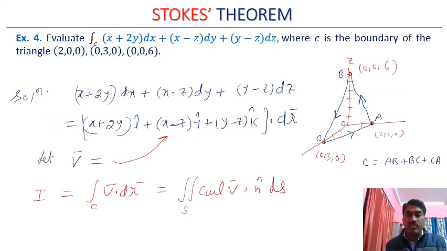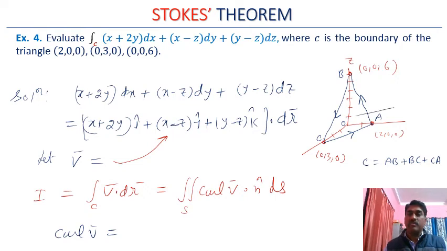Now what do we need to find? First we need to find curl v, and then we need to find this n cap. What is n cap? Consider this triangle ABC. There is a slant plane bounded by this triangle, and the unit normal to that plane will be taken as n cap.